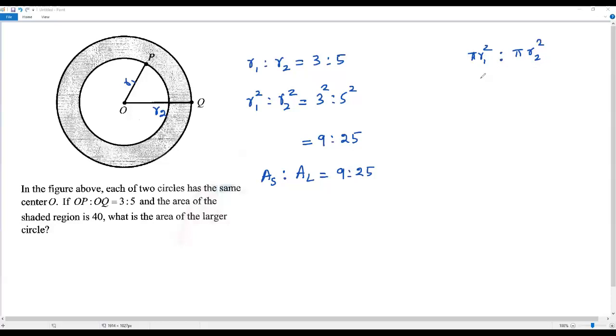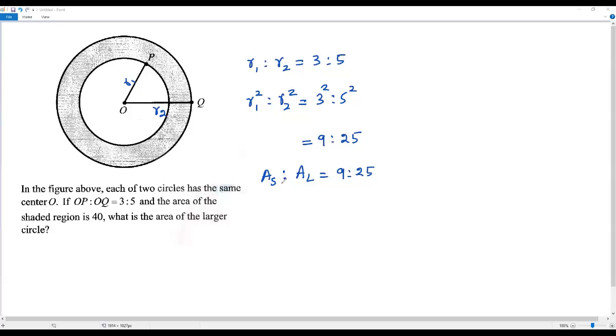The common factor in these two terms is pi, so when I divide both terms by pi, the pi cancels out and I get r1 squared to r2 squared. This is the ratio of the areas of the two circles. That's why whatever ratio we have for the squares of the radii of two circles, the same ratio can be taken as the ratio between the areas.